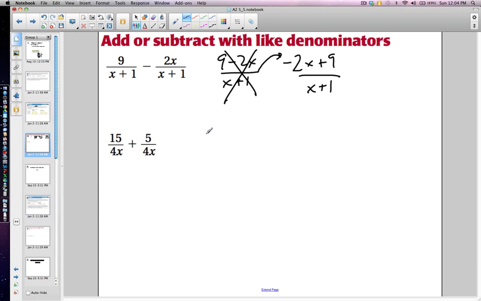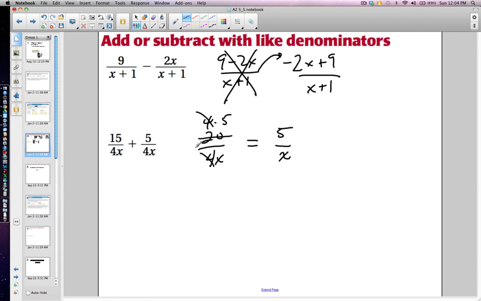Okay, 15 plus 5 is 20, over 4x. We also want to make sure that we simplify these things completely. 20 is 4 times 5, and I can cancel the common factor of 4 from the numerator and the denominator, and this becomes 5 over x.